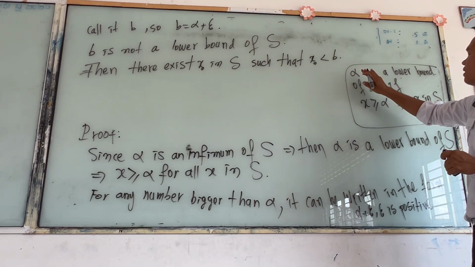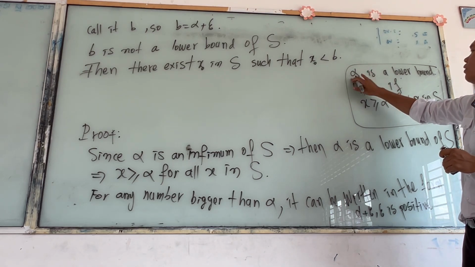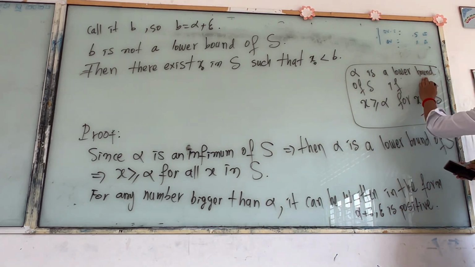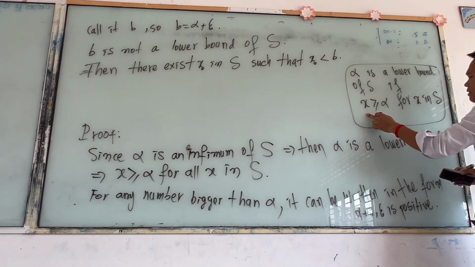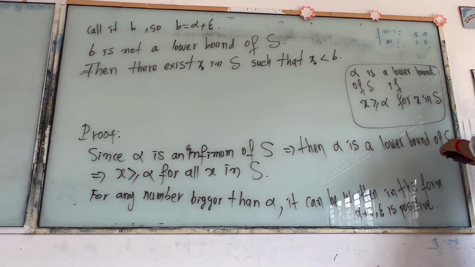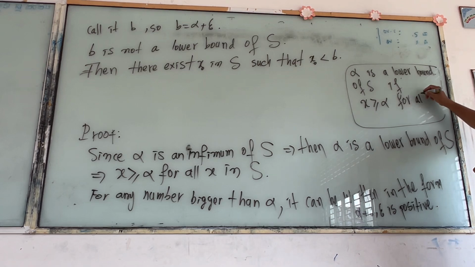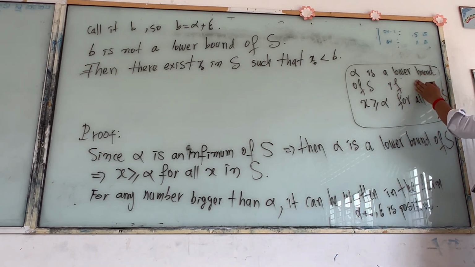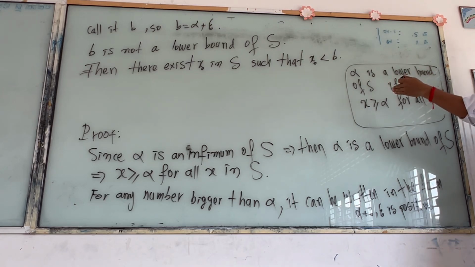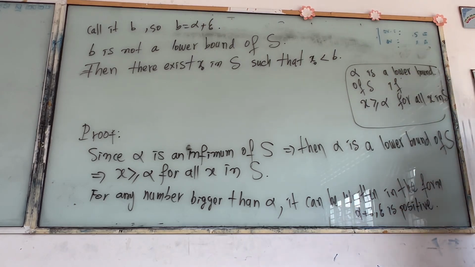Let me recall it again: alpha is a lower bound of S if x is greater than alpha for all x in S. This is the definition of lower bound. And now we just reverse it.